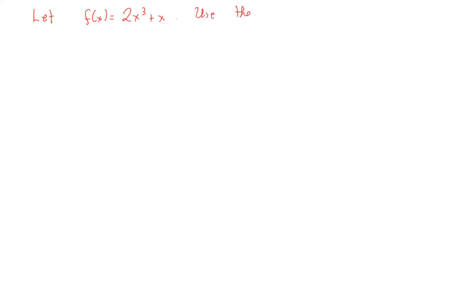Use the definition of the derivative in order to compute f prime at, let's say, 1. I don't need to have a really big number here. So how are we going to do this?